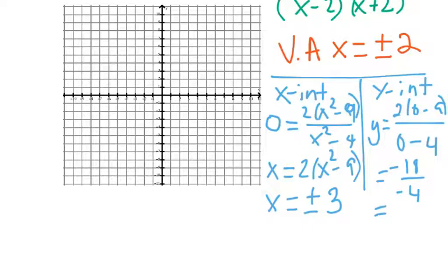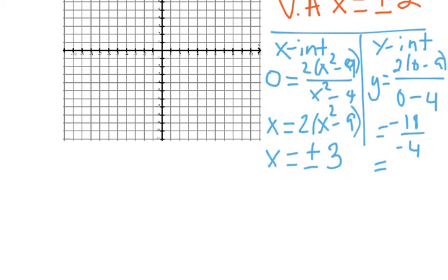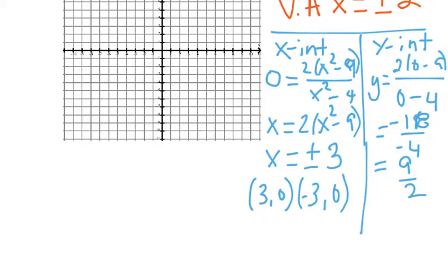If we reduce, this gives us positive 9 over 2. So the x-intercepts occur at (3, 0) and (negative 3, 0), and the y-intercept occurs when x is 0 and y is 9 over 2, or 4.5.